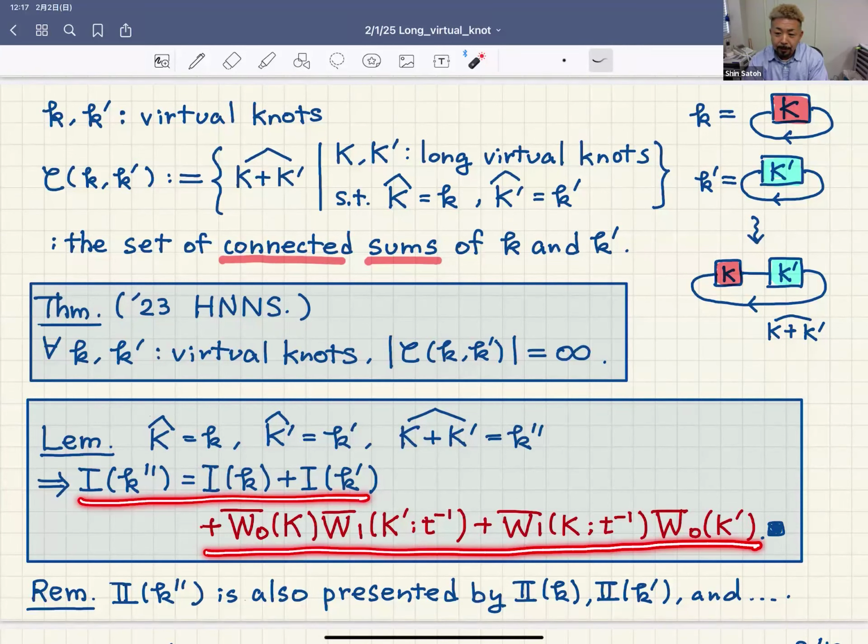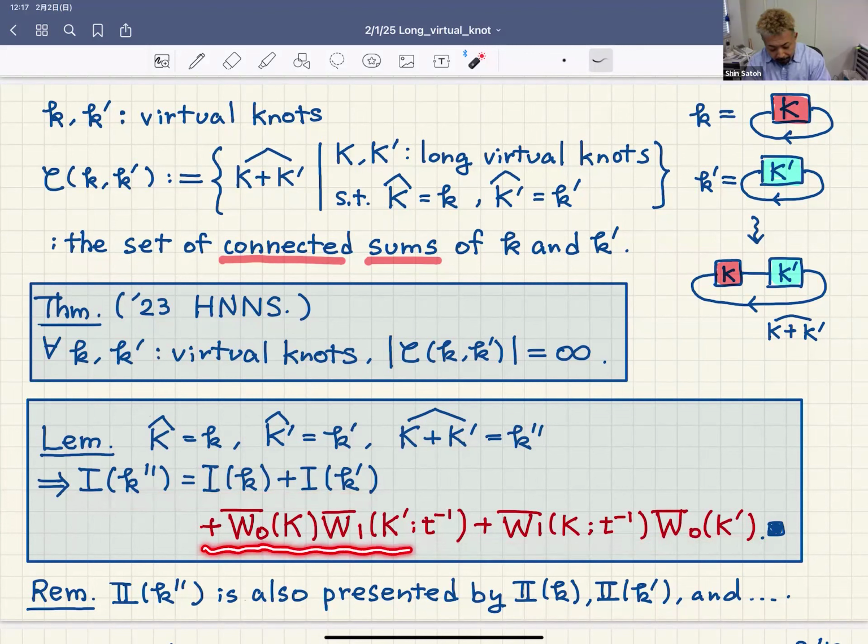This formula says that the first intersection polynomial is not additive under a connected sum generally, but the difference is described by using the zero and one rise polynomials of the long virtual knots. As mentioned above, since the zero rise polynomial can be chosen arbitrarily, we can prove this theorem by using this lemma.